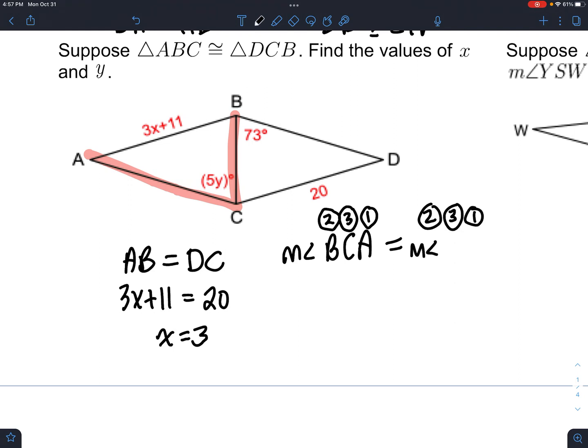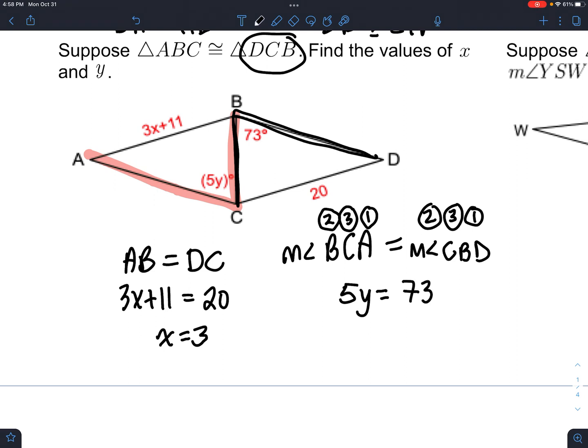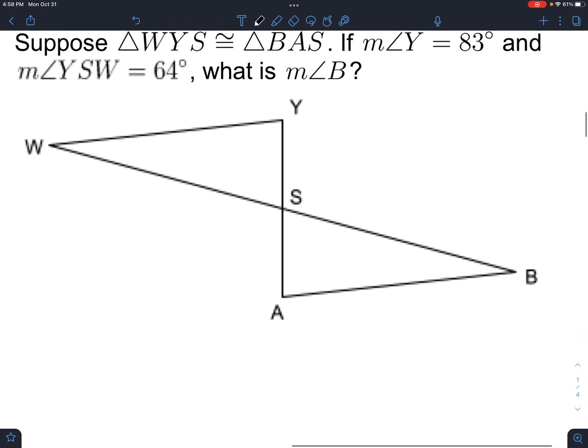So whatever angle it's equal to, it has to be in the same order. So over here, the second is C, like I'm looking right here, the third is B, and the first is D. And it turns out that that indeed is this angle here. So we do have 5y is equal to 73. And if we divide that, we get 14.6.